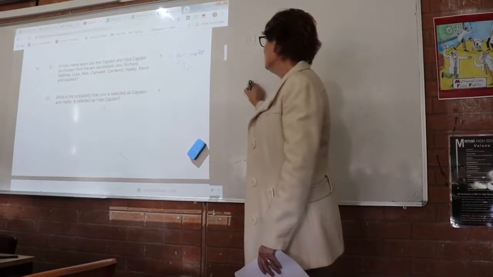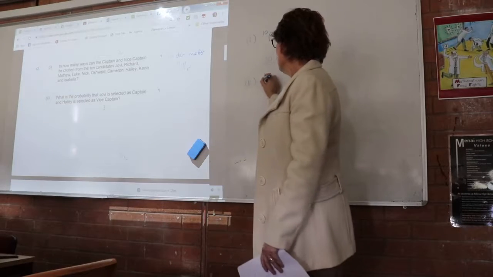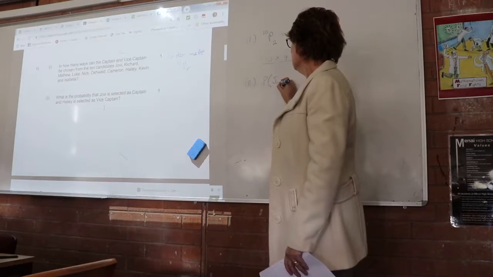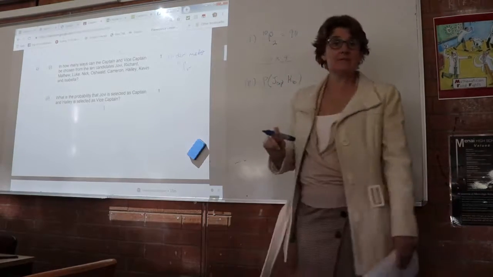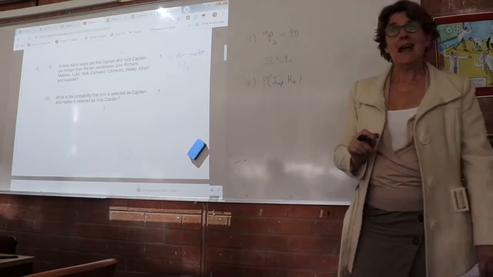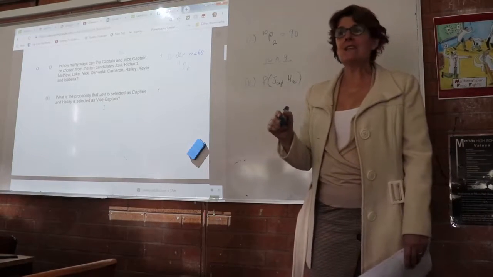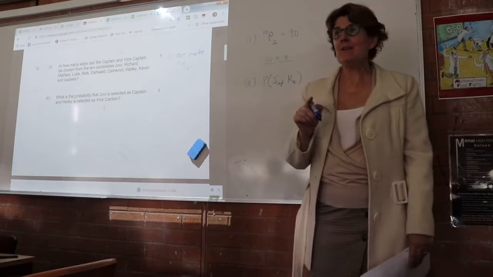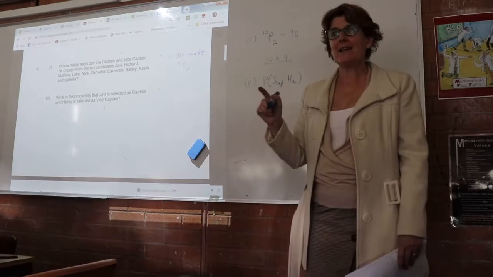So part 2. Now this is a probability question. We want the probability that Jovi is captain and that Hayley is vice captain. How many different arrangements can we have of Jovi being captain and Hayley being vice captain? 1, right? There's only one way that can happen.